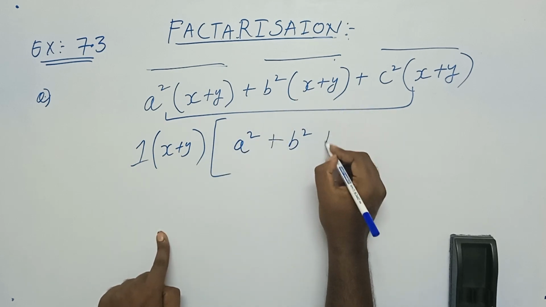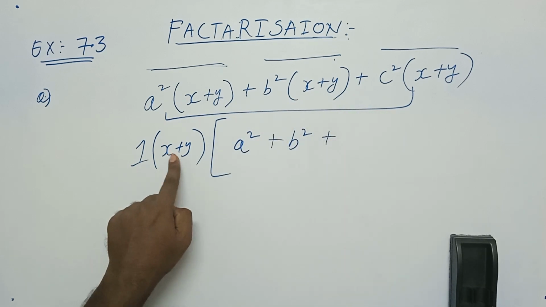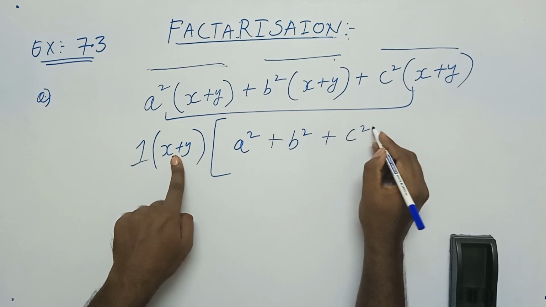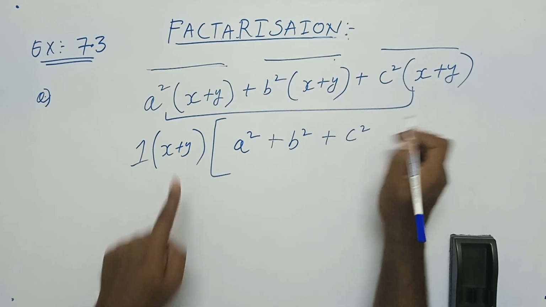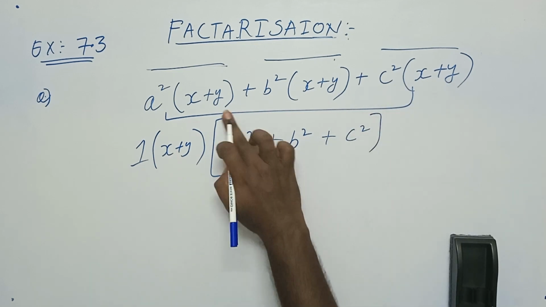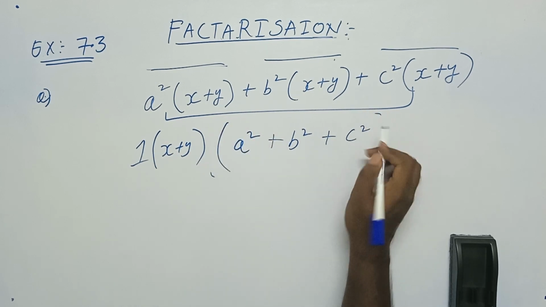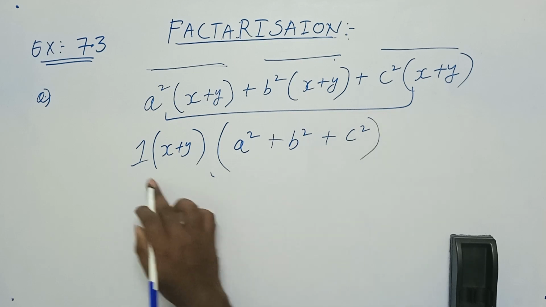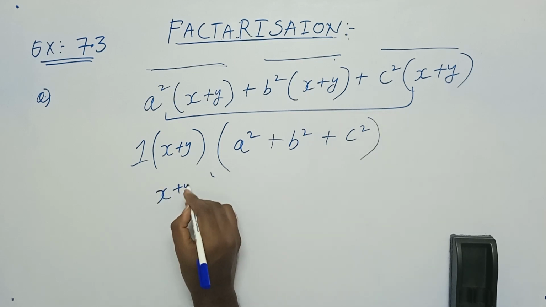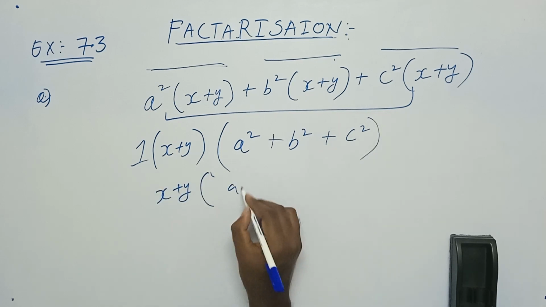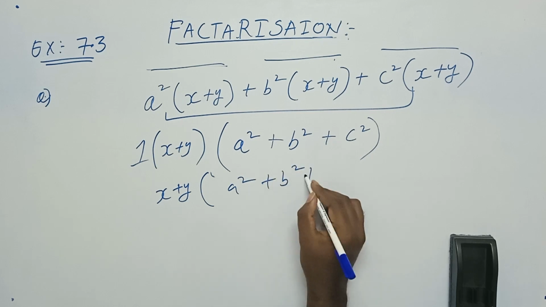Next you have a plus sign, we keep the plus sign. (x plus y) times c square is c square (x plus y). So now we got the product of two factors, which is (x plus y) into (a square plus b square plus c square).